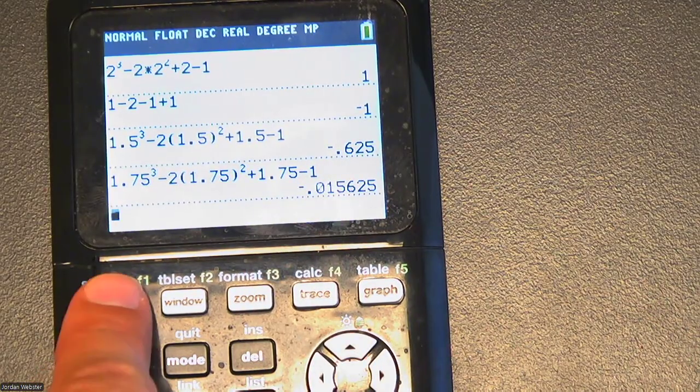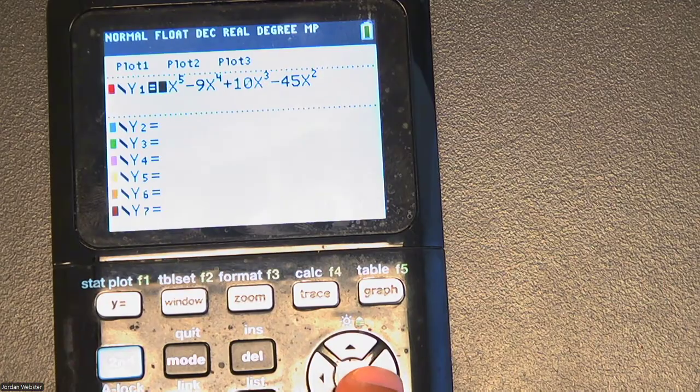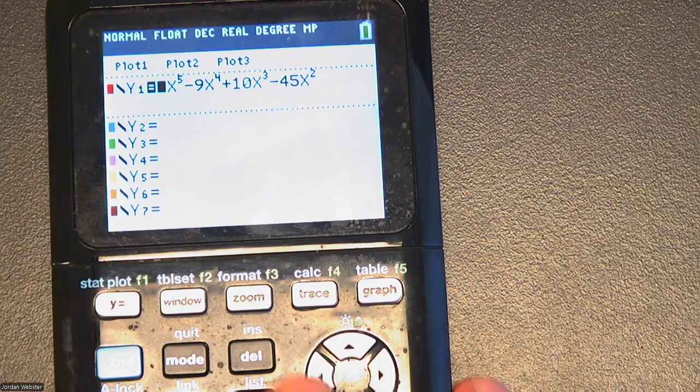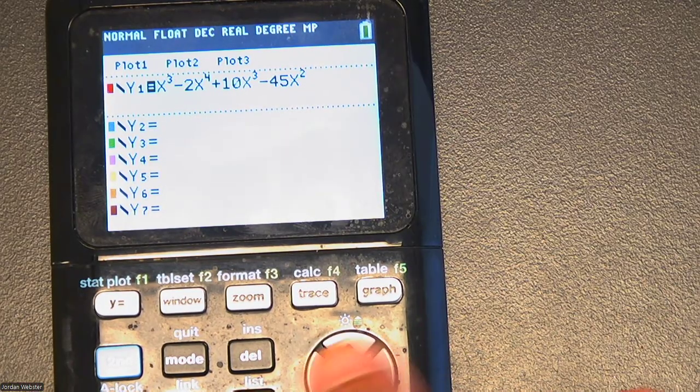But with modern technology, all we do is take x to the third minus 2x squared plus 1x minus 1.